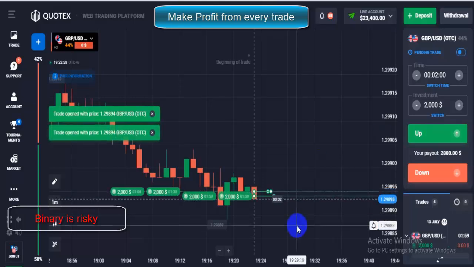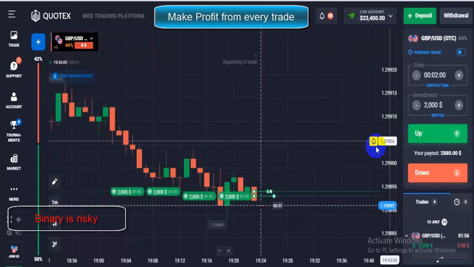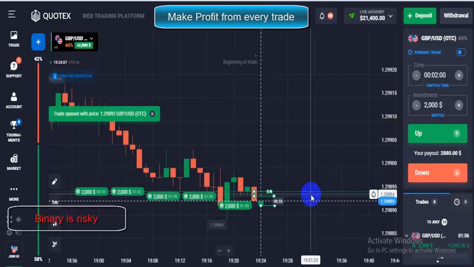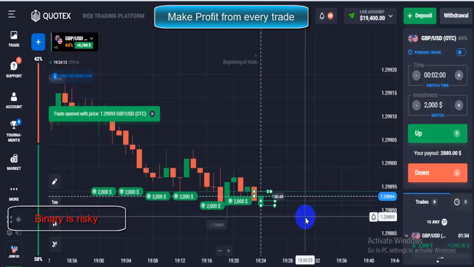So I take four entries in this market, and I also make another entry here, because I know the market goes up and this market gives me profit. I am waiting for profit.